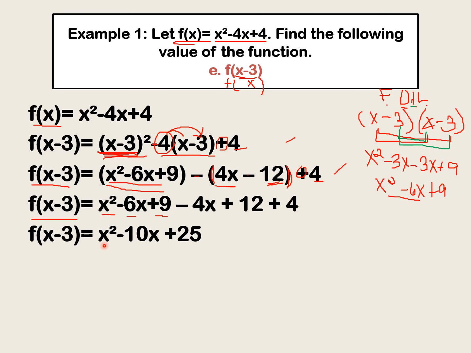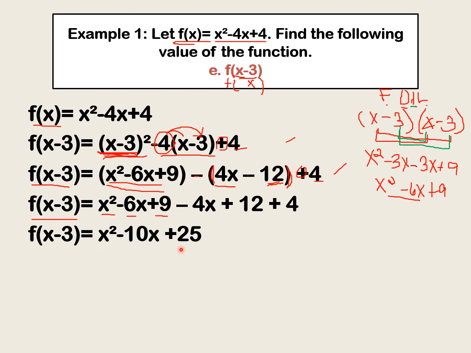So, x squared, then negative 6x minus 4x, it becomes negative 10x, right? Then the constant values, 9 plus 12 plus 4. So, 9 plus 12 is 21. 21 plus 4, it is 25.